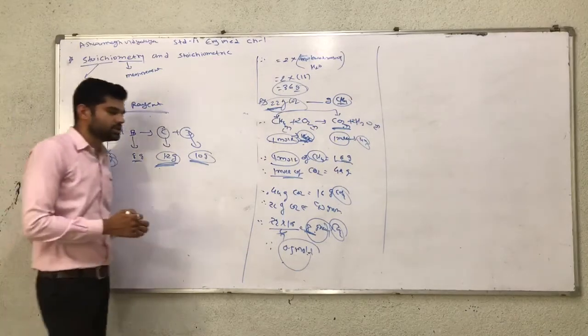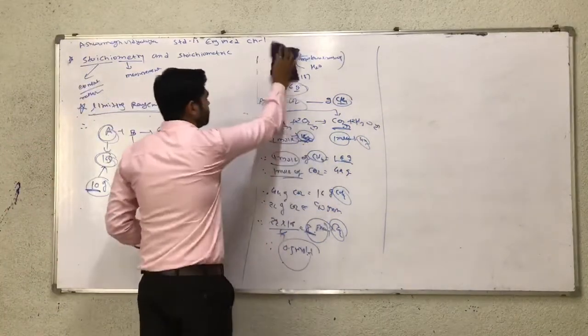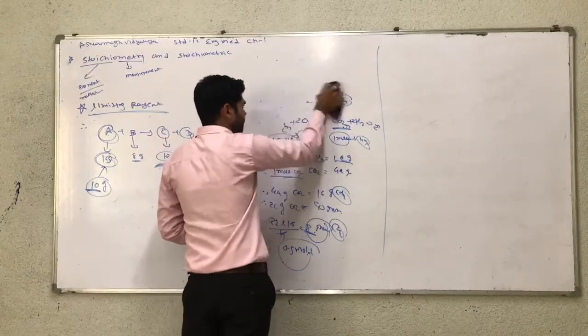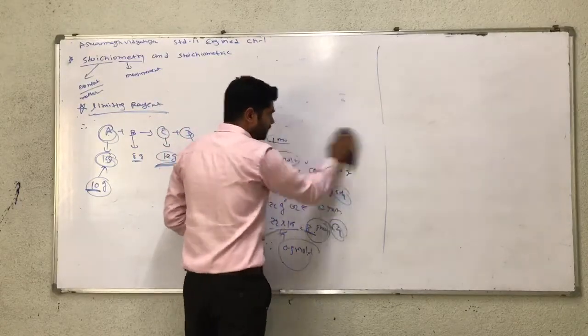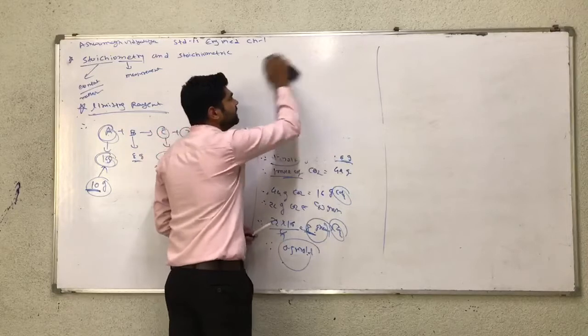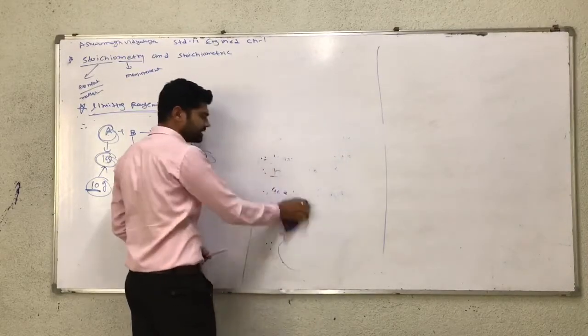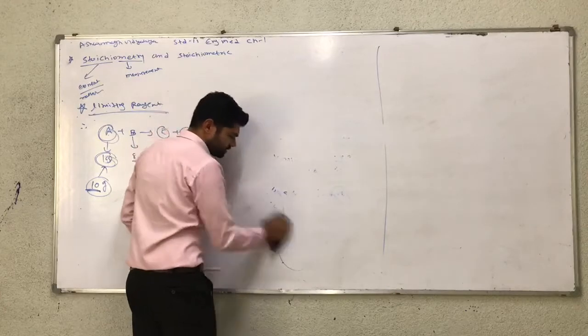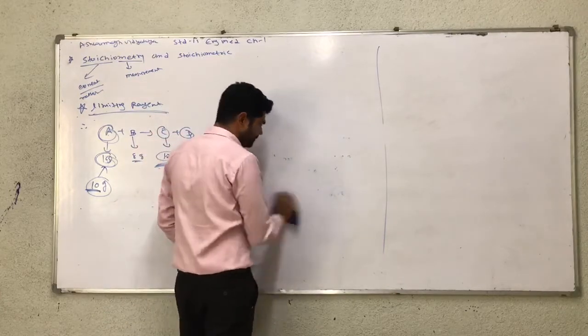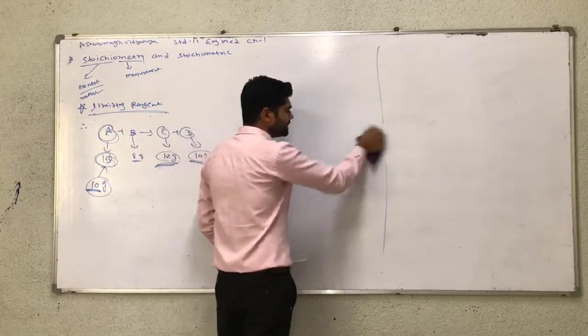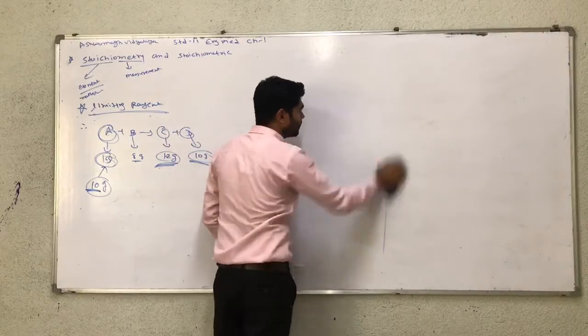Using this concept, we solve one example of limiting reagent. So first understand limiting reagent. Limiting reagent means the given quantity is less than the required quantity.